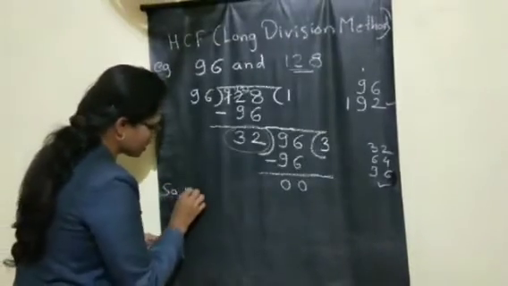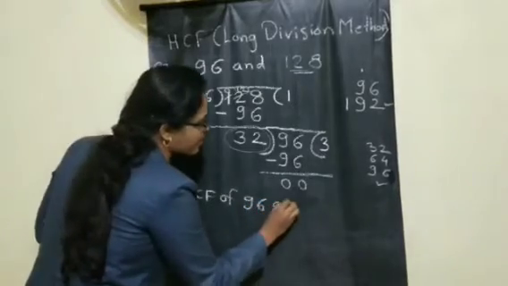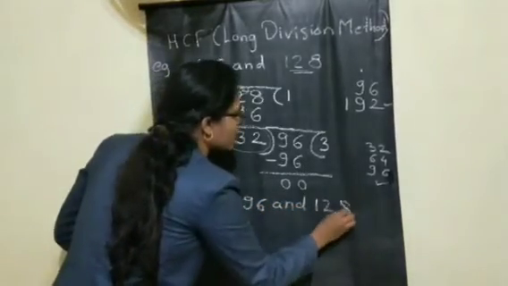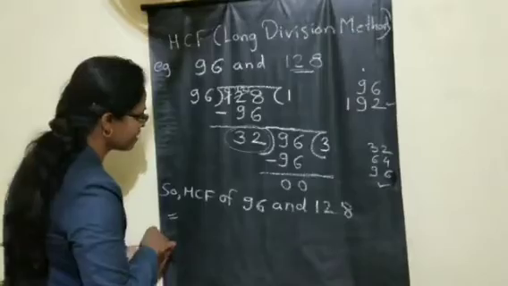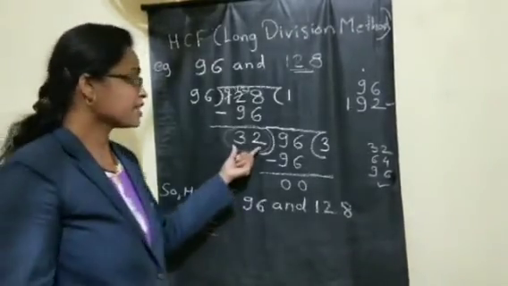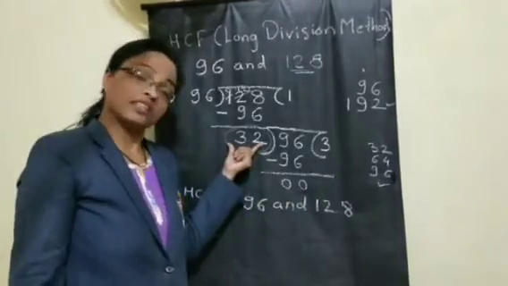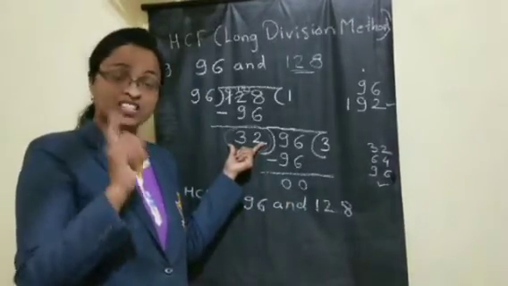So the HCF of 96 and 128 is 32. Why 32? Because after dividing with 32 we got 0. That's why that is the HCF, the highest common factor.